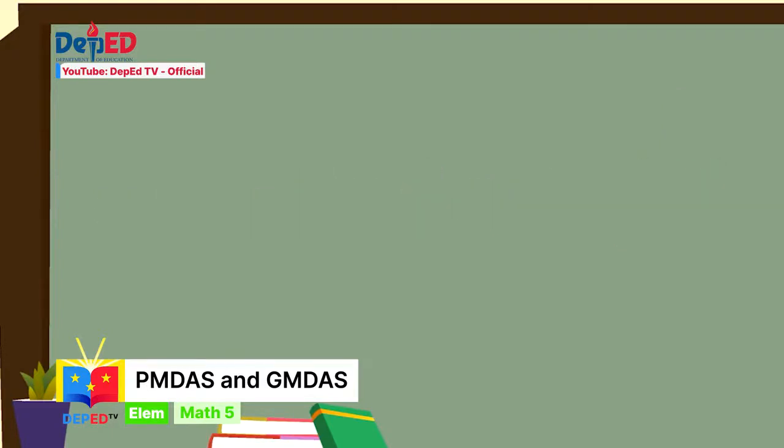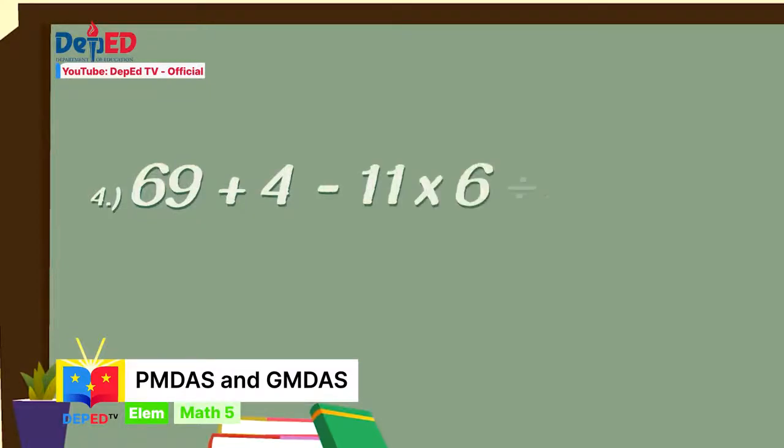Number 4. 69 plus 4 minus 11 times 6 divided by 3 equals blank. The answer is 51. Number 5.